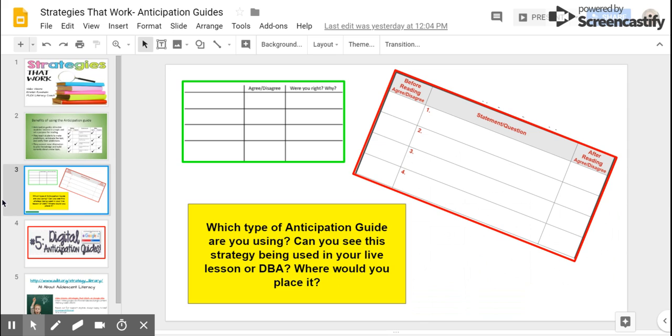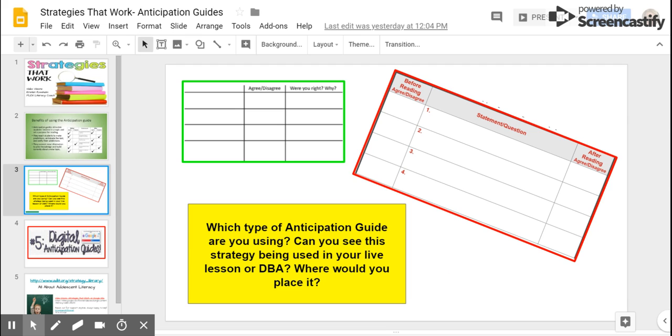So these are some examples of simple anticipation guides. The one on the right allows you to use the same slide before the lesson and then after the lesson. So looking at the concepts or topics, vocabulary words, objectives, having the kids agree, disagree, or rate themselves on a scale of 1 to 5 before the lesson begins, and then coming back and reevaluating their new knowledge after the lesson is over.